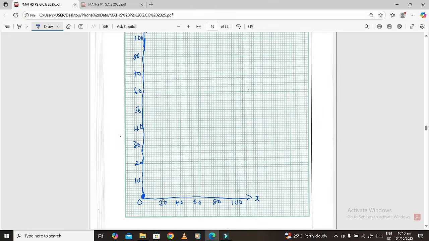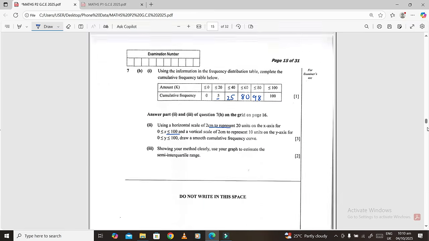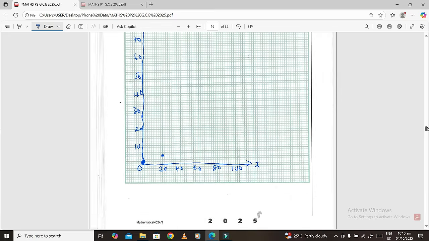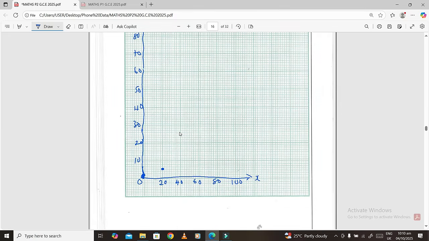So this is 1, 2, 3, 4, 5, somewhere here. So this is where the point will be.